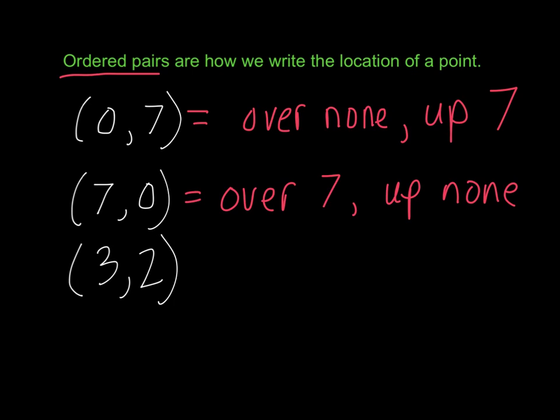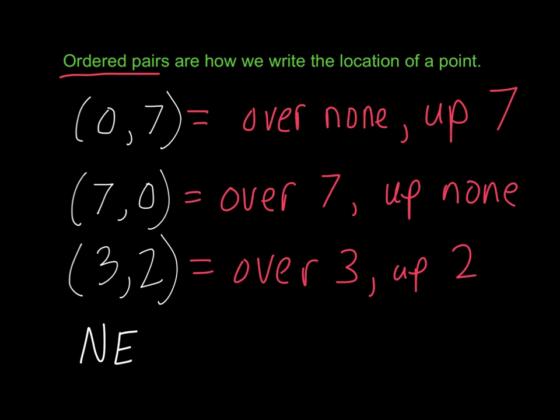And the (7, 0) will go over 7 and stay on that x-axis line. And a more typical looking ordered pair would have two numbers like (3, 2). This means you will go over 3 and up 2. It is super important to realize that you can never go up first.